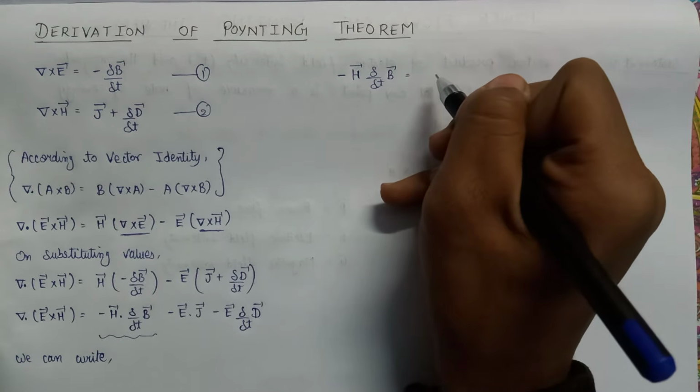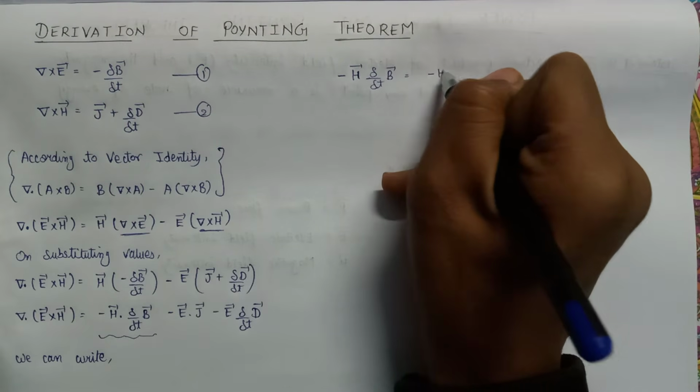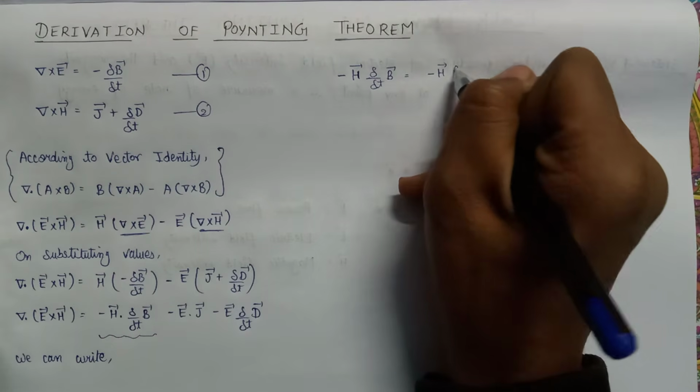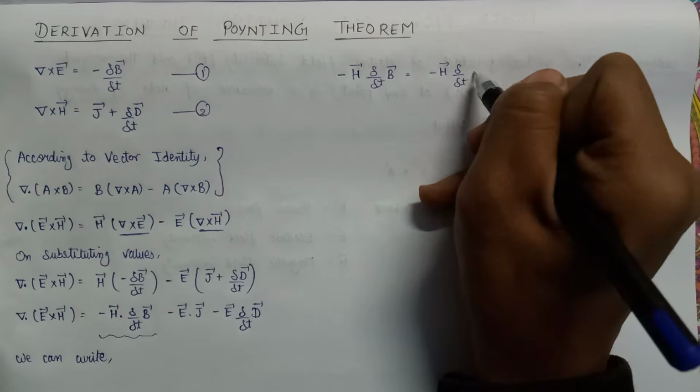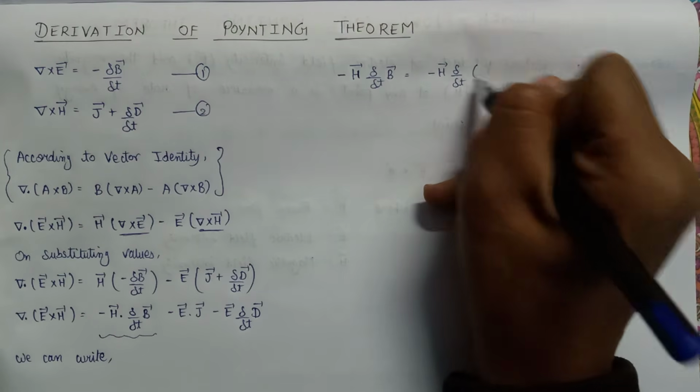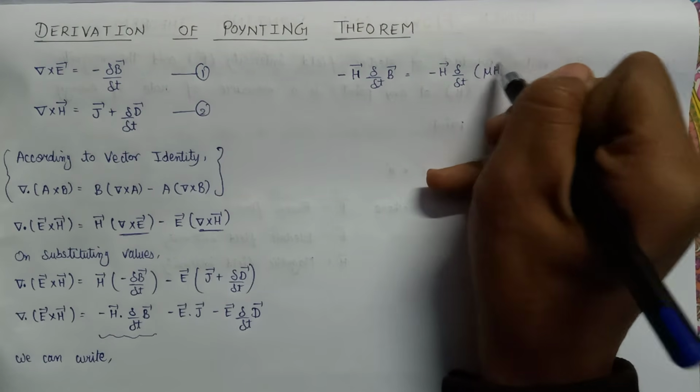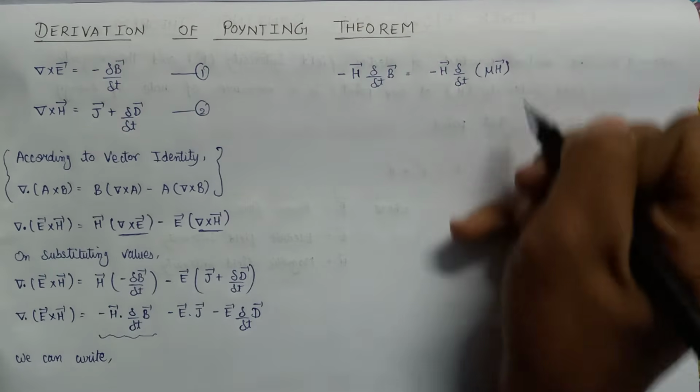It can also be represented as minus H del over del T, and in place of B we will write mu H, because B is nothing but mu H.